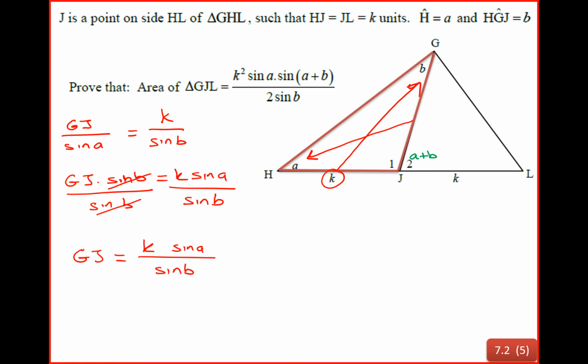We cannot simplify beyond that. So remember that I also told you that J2 was equal to A plus B, and that was the exterior angle of a triangle. So now we're going to go into the next triangle, which I've highlighted for you in green.